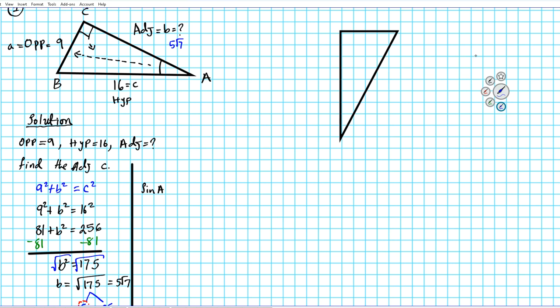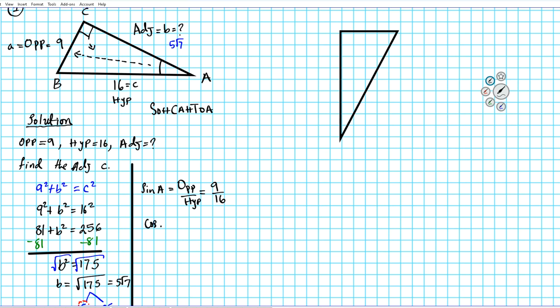So sine of A, using SO in SohCahToa, let's write it again, just in case you forgot. SohCahToa. So using SO in SohCahToa, sine is opposite over hypotenuse. So the opposite is 9 over your hypotenuse, which is 16. All right, there are no common factors, so that's the final answer.